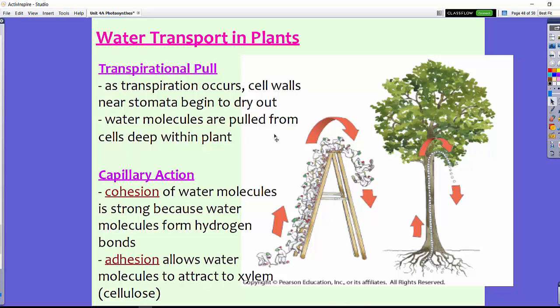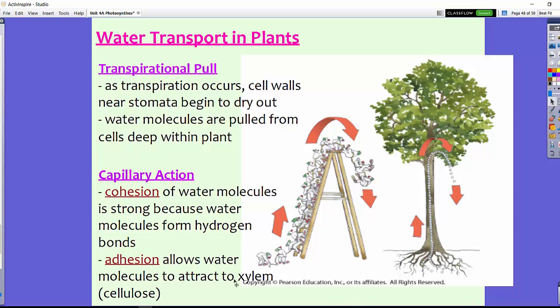And so because of cohesion, we have water molecules that are attached to each other, moving from the root up through the stems, through the leaves, and out the leaves, because those water molecules are attracted to each other. And this happens because of capillary action. And we've discussed capillary action in both class and in other videos. So remember, cohesion is where those water molecules are going to be attached to each other because of those hydrogen bonds.